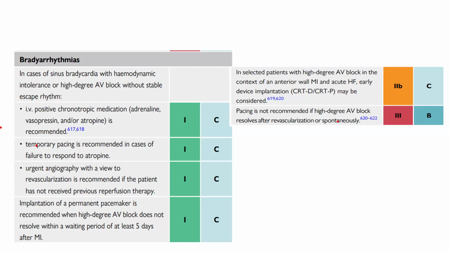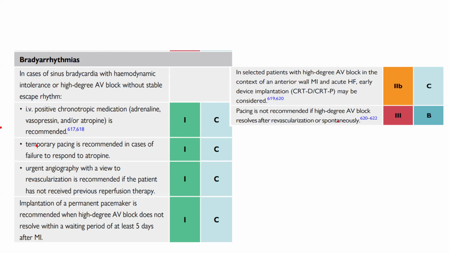In cases of failure to respond to atropine, urgent angiography with a view to revascularize is recommended if the patient has not received previous reperfusion therapy. And like it was stated earlier, permanent pacemaker is recommended for high-grade AV block if it doesn't resolve within 5 days after MI.